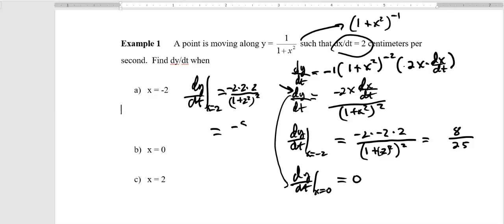So that's -8 over 25. All right, so that's everything. And notice the notation that's convenient to use with that vertical bar.